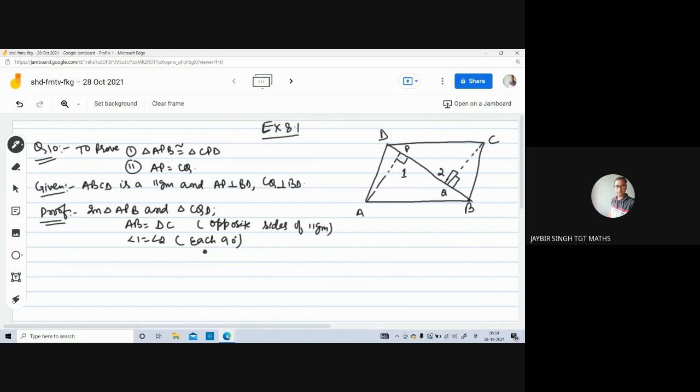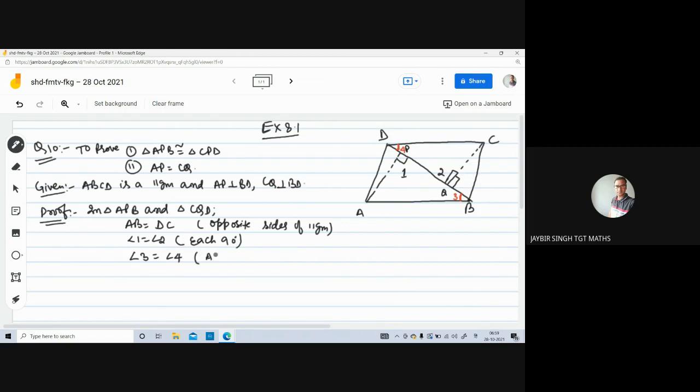And the third thing which you have to write, you just see it, this angle 3 will be equal to angle 4. So we can write angle 3 is equal to angle 4.